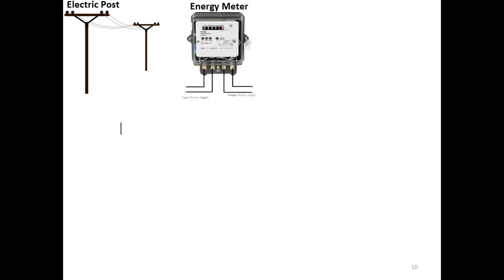The first and foremost part is the energy meter. From the electric post, from the overhead line, the supply is connected directly to the energy meter without any switch and all, because in the energy meter we cannot control anything. We cannot put any switch or any fuse or anything between our electric post and the energy meter. It should be directly connected to the post.